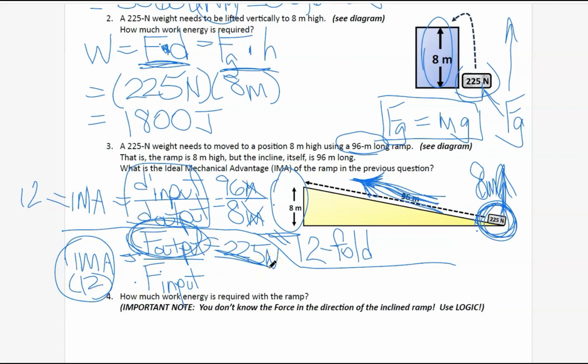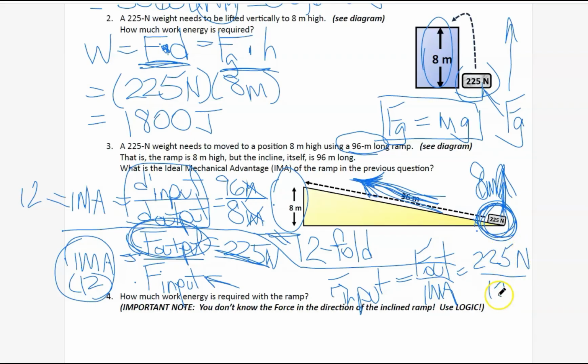We could use that to calculate the force input. And by rearranging this equation, we find that the force input is equal to the output over IMA, which is 225 newtons divided by 12. Well, this works out to only 18.75 newtons.